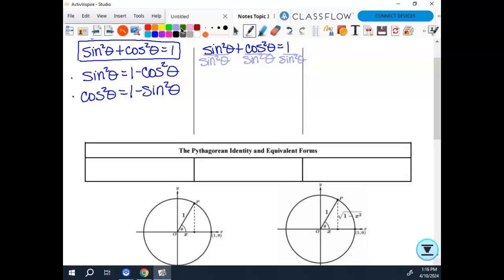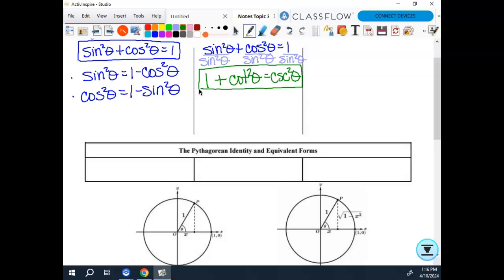What do you think sine squared over sine squared gives me? 1. So this is 1 plus, and then what is cosine squared over sine squared? Cotangent, I heard it whispered over here. Cotangent squared theta. And then what is 1 over sine squared? Cosecant squared theta. So this is a second Pythagorean identity.